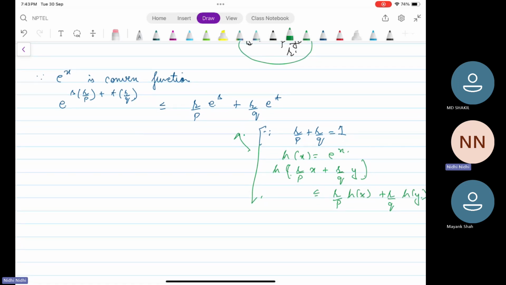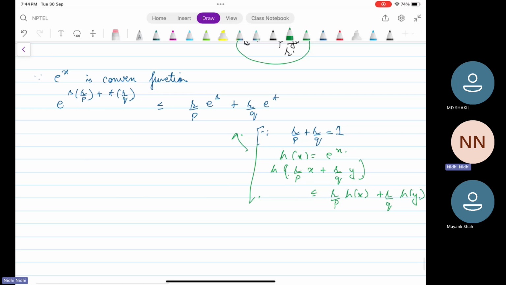Is it clear? This is the definition of a convex function. Exponential functions are convex functions. That would be a good exercise: you should see how these exponential functions are convex, and you can look for other examples also. x square, x to the power p, such functions are also convex.